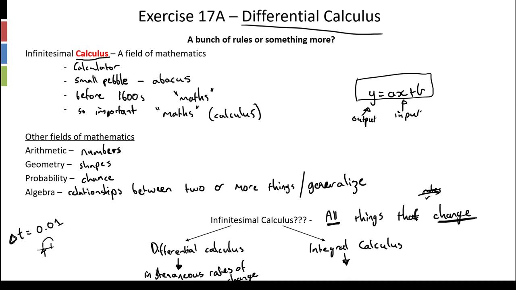Now, integral calculus, and we will get to it eventually, has got to do with the accumulation of quantities. And what do I mean by that? Well, these two are very related, and we go backwards and forwards between them all the time once we've learned both of them. If we're talking in differential calculus terms, we're talking about velocity, where velocity is change in position.